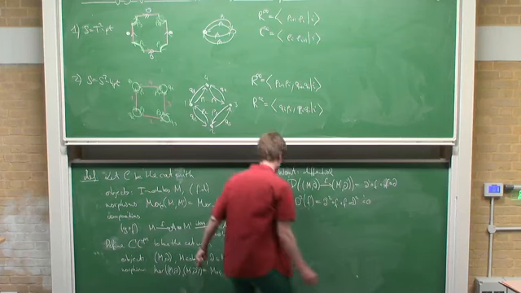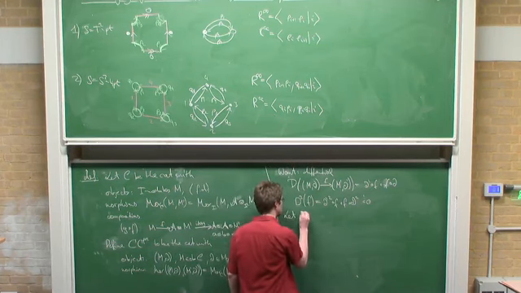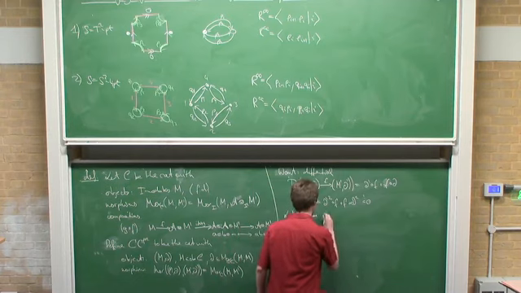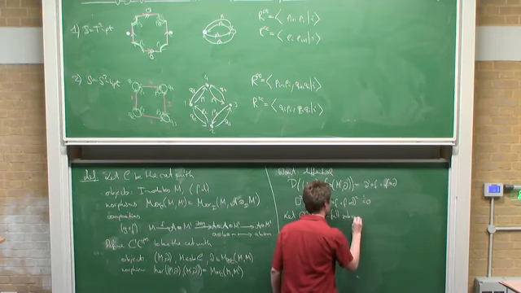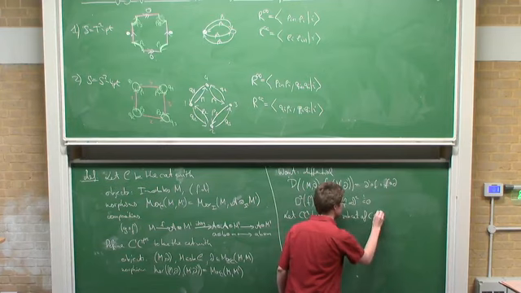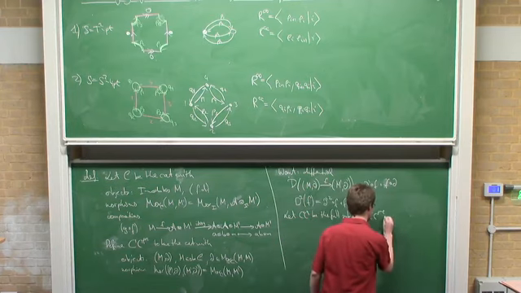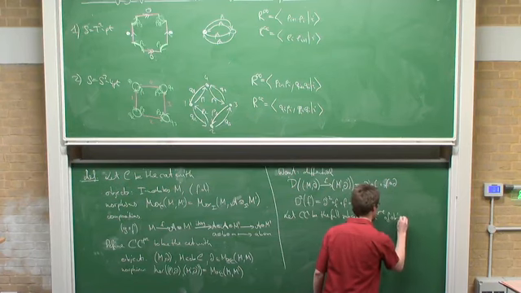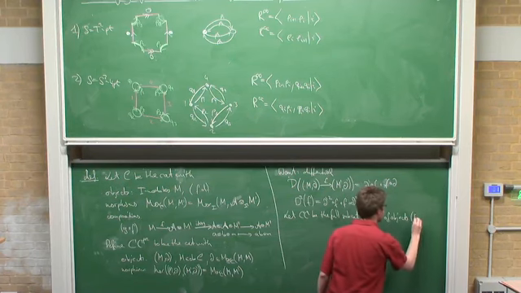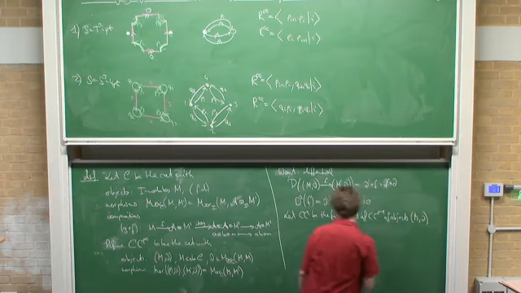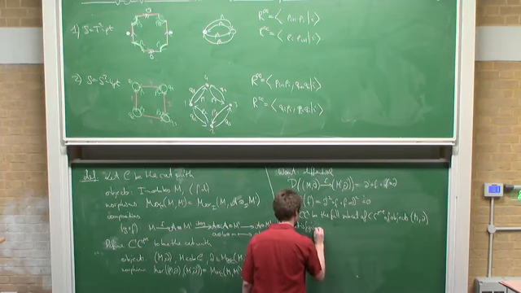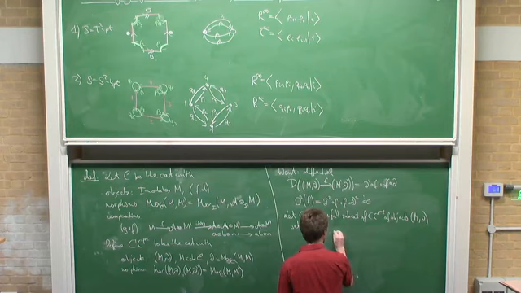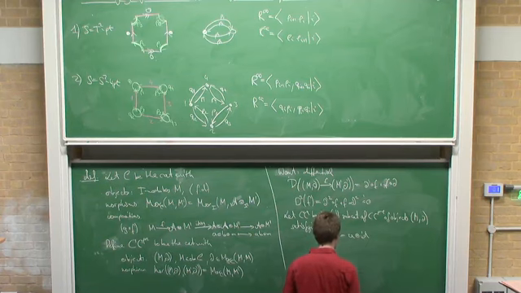Okay, now let CC be the full subcategory of C pre of objects M, delta, satisfying the following relation, namely that D squared is equal to A tensor with the identity.